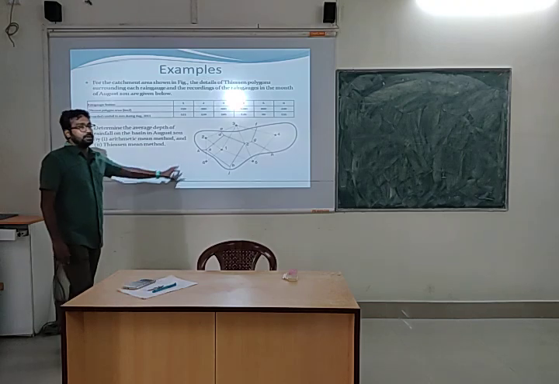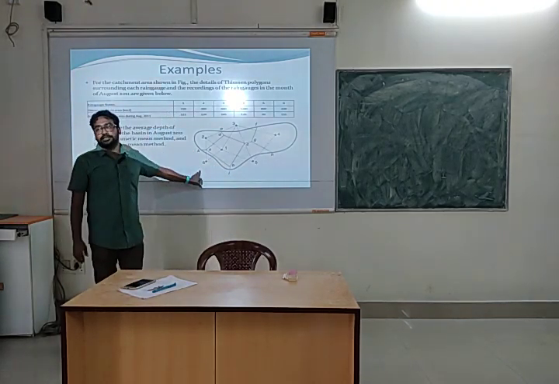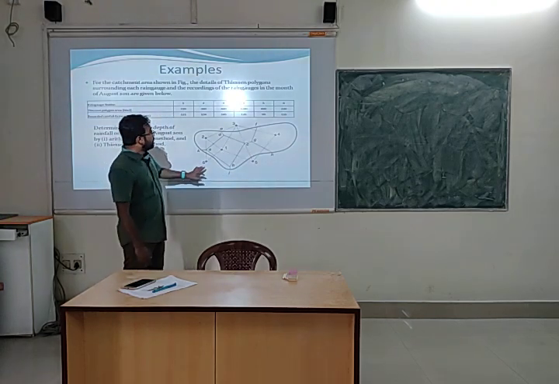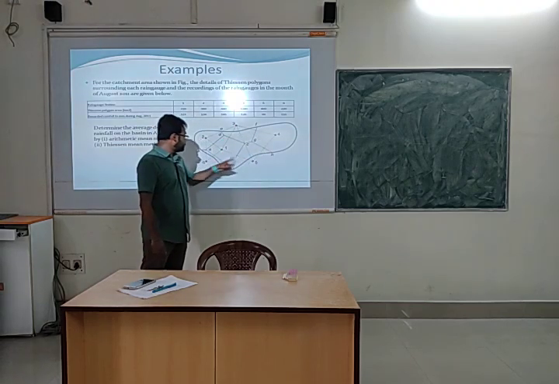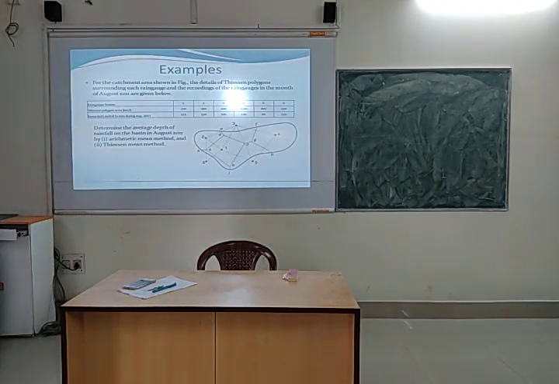Here a map of the catchment area is given, and the positions of various rain gauge stations, like 1, 2, 3, 4, 5, 6 rain gauge stations are there. Some rain gauge stations are inside the catchment area and some are neighboring stations to the catchment area.